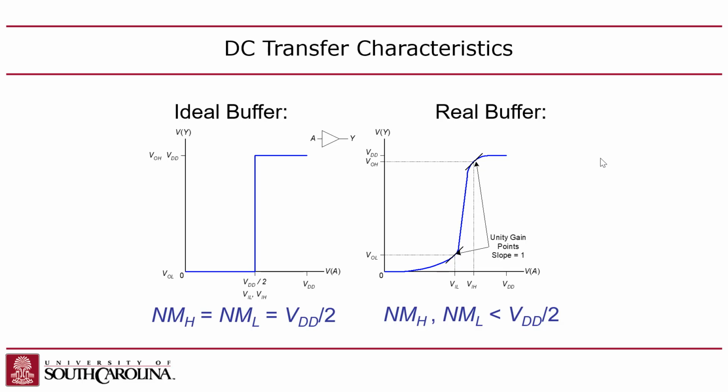So VIL could be, on a 1 volt system, say, 400 millivolts, right? But VOL could still be like 50 millivolts, right? So even if I start pushing that input and pushing it and pushing it, the output still stays kind of low, right?